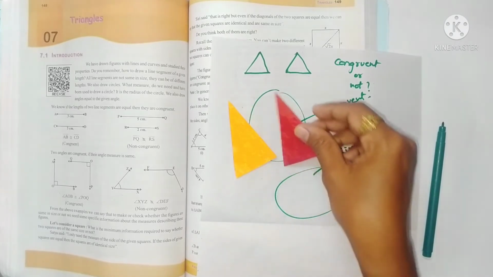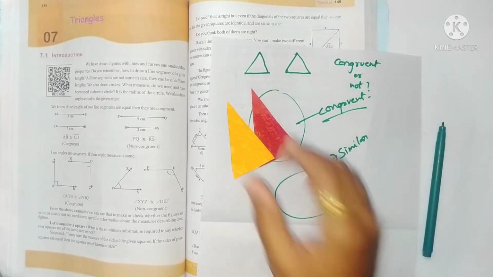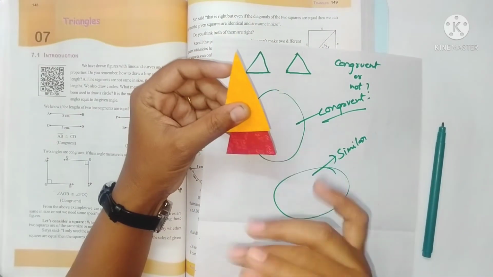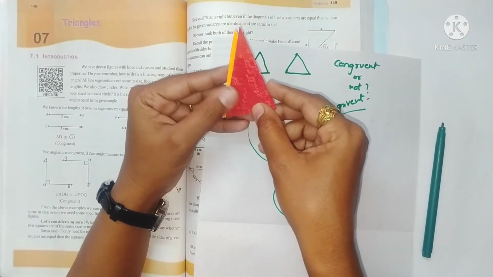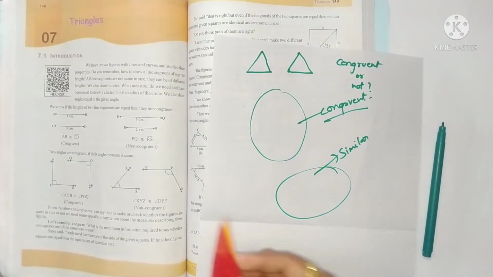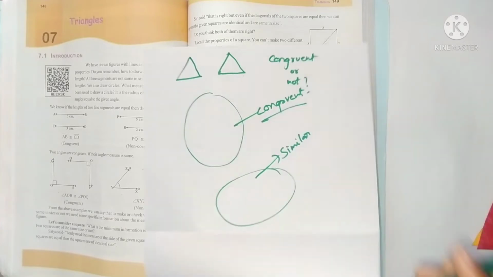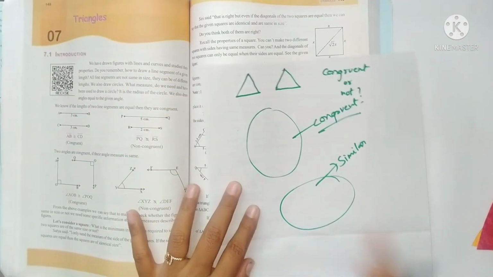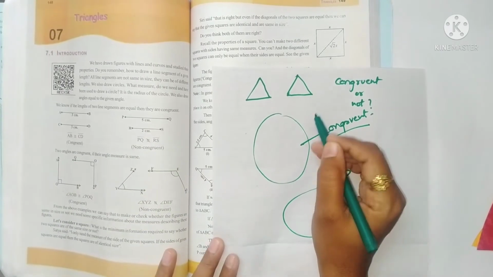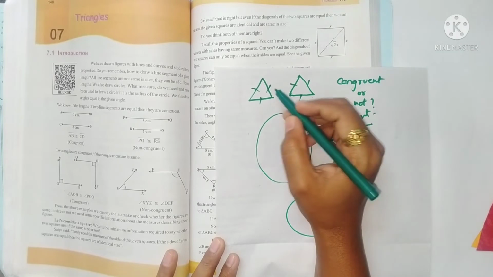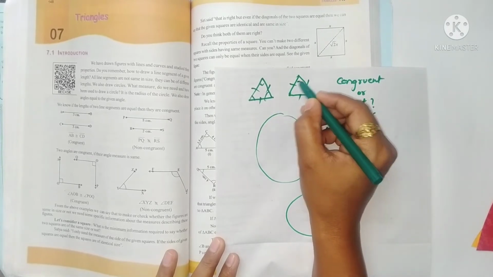They have same size and same shape also. But always we cannot cut the triangles and place them on one another, right? Every time cutting and placing one on another is a tough task. So for 2 triangles to be congruent, the 3 sides must be equal and the 3 angles also must be equal.